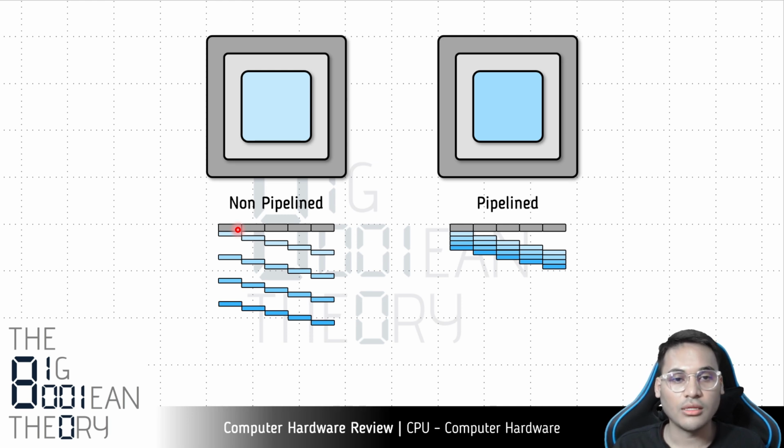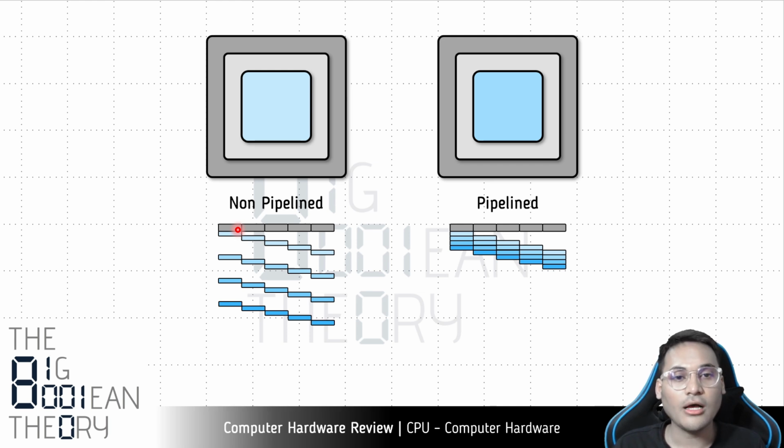It is actually borrowed from manufacturing, right? So by executing multiple instructions at the same time at different stages, we can optimize the performance of the core. This is one of the techniques, and many more techniques like hyperthreading and superscalar processors exist out there, but you get the rough idea.